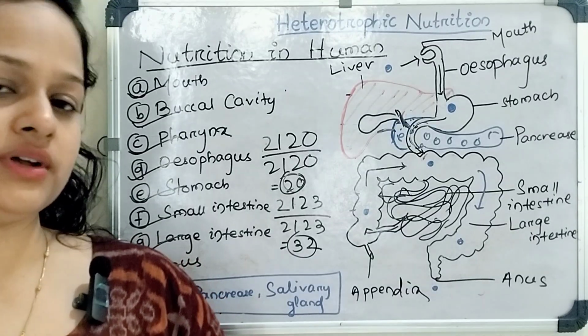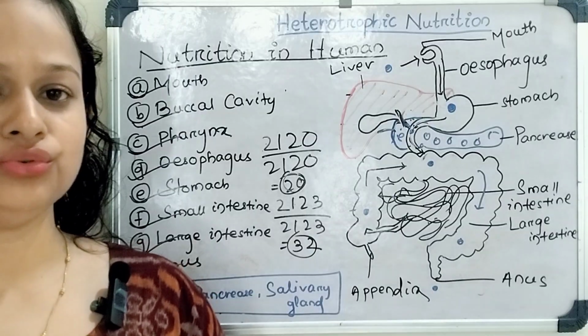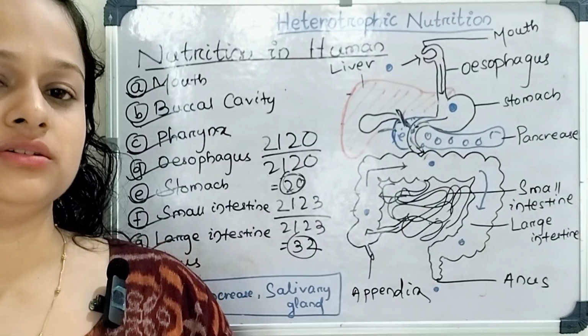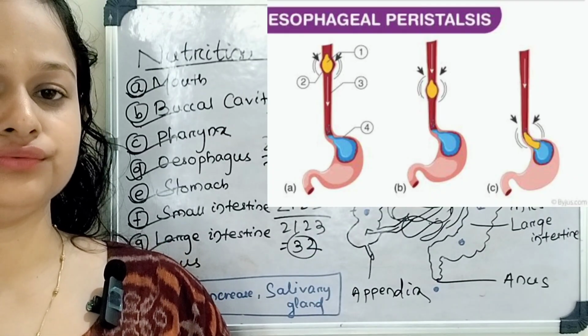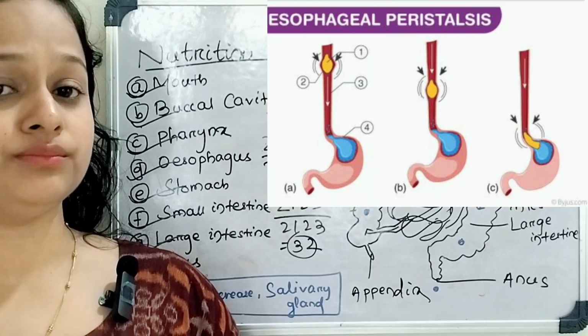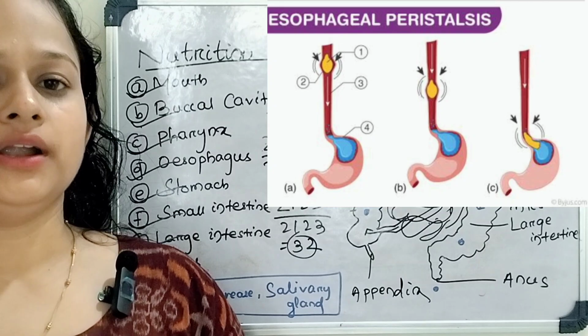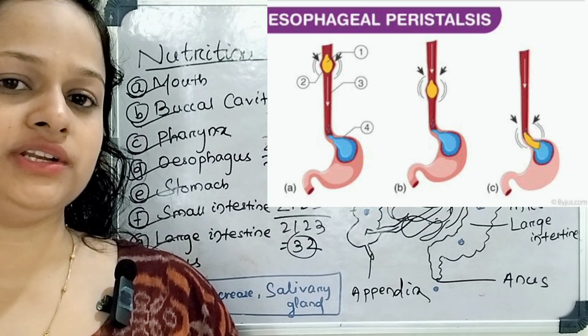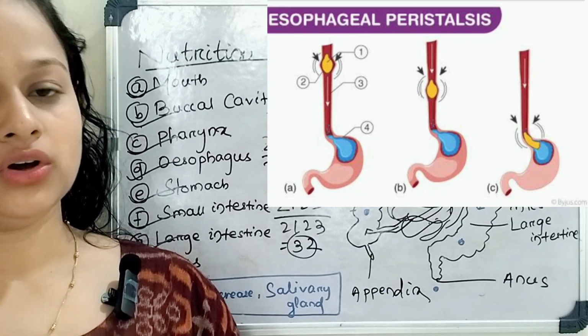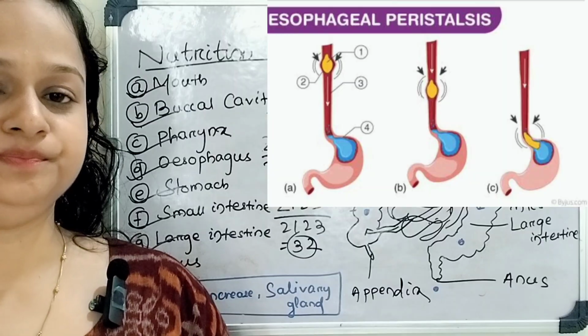From the esophagus, the food goes to the stomach by the movement of the muscular wall of the esophagus, known as peristaltic movement. This movement occurs all along the alimentary canal.